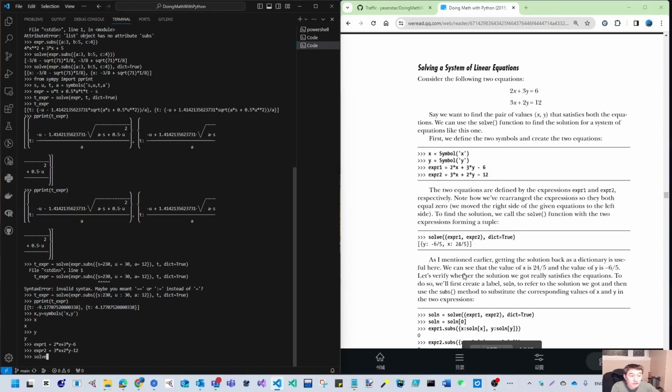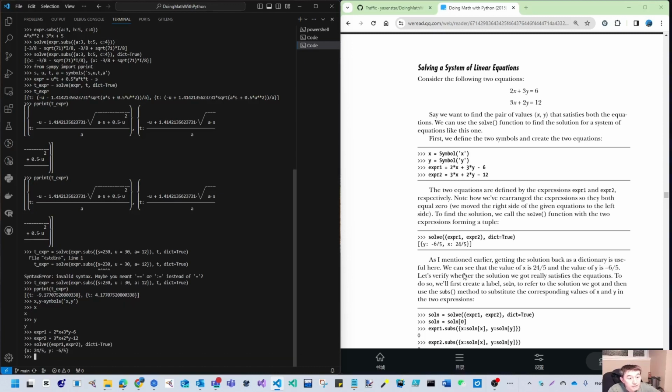And we can use parentheses to do the solving altogether. So solve express 1, express 2, and then give dict equal to true. Now from here you get our dictionary. What is interesting is I just get a dictionary, not a list.